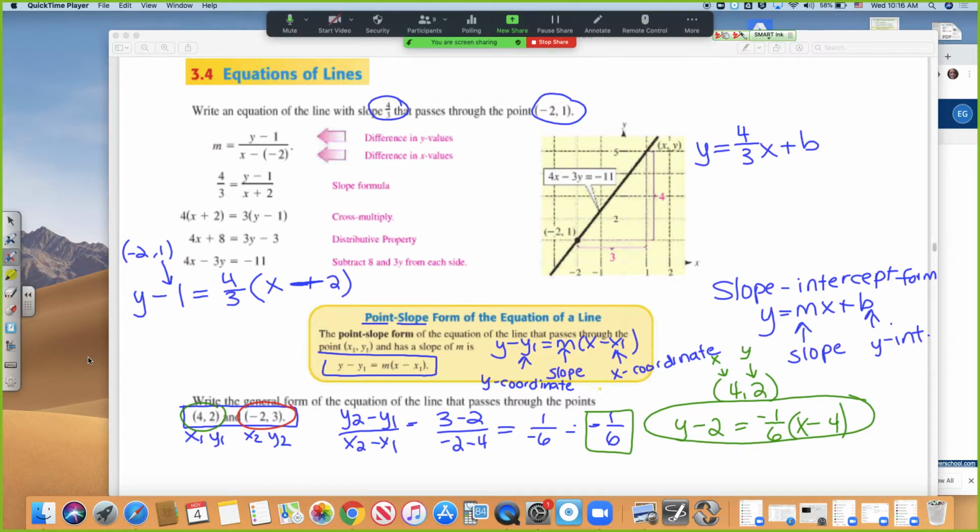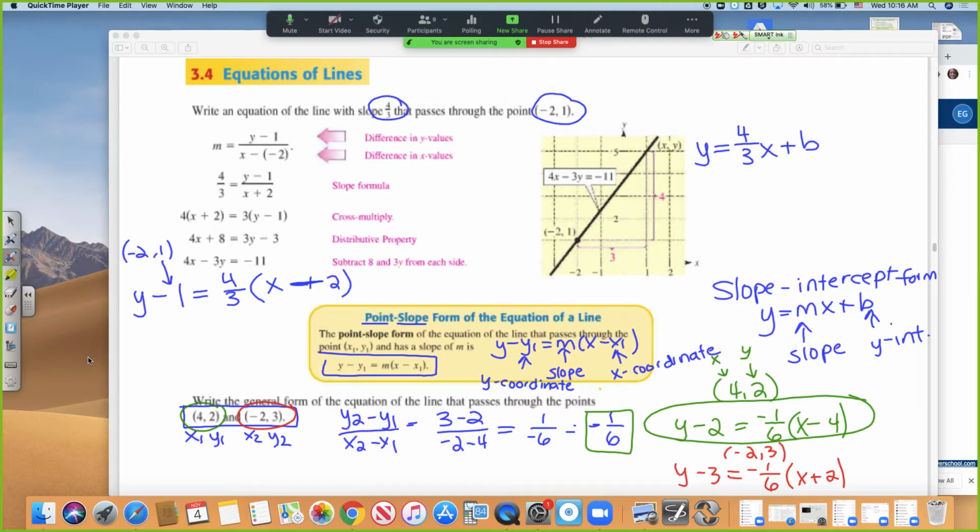So if I now use -2, 3 as my ordered pair, the formula says y minus y1, this is the y1 we're talking about, so it'll be y minus 3, equals, I'm still using the same slope as before because this is the same exact line. And then it's going to be x minus -2, which is really just going to be x plus 2 because minus minus a negative really means a positive.